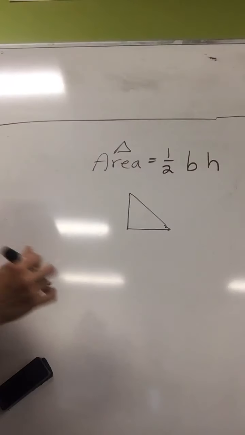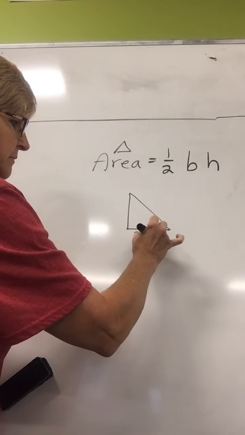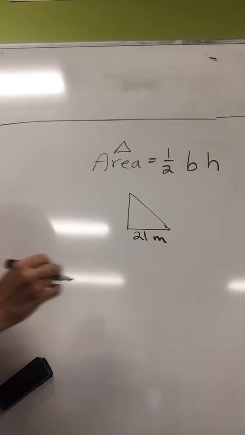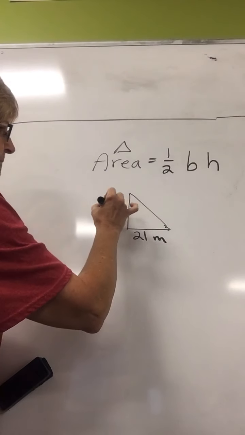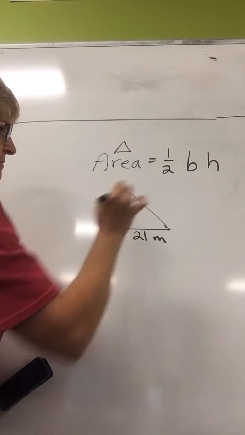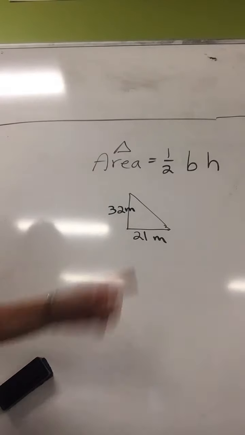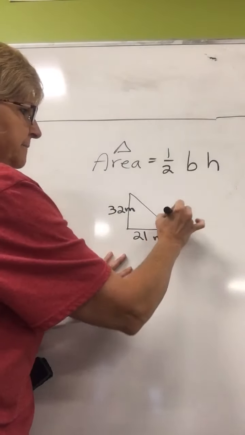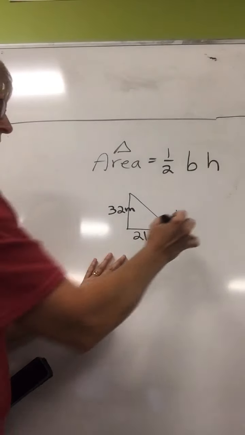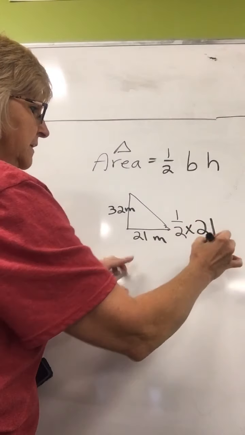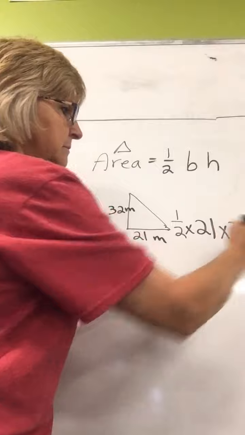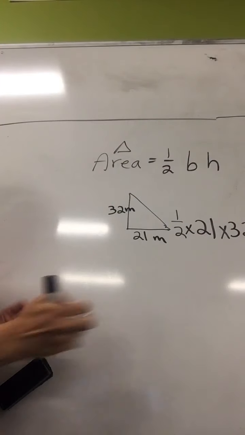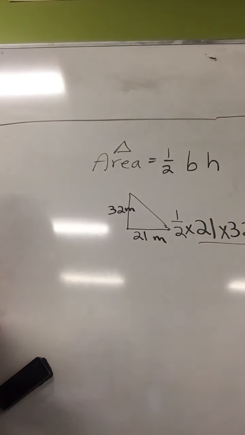Let's say this base is 21 meters and this height is 32 meters. So that's a big, tall triangle, not a good picture, but those are the dimensions anyway. So 1/2 times 21 times 32. Again, let's multiply 21 times 32.